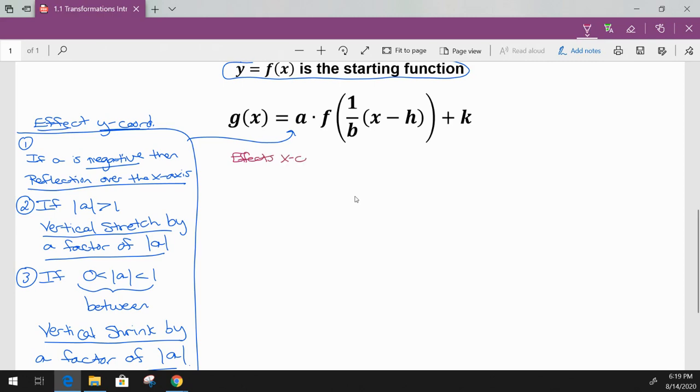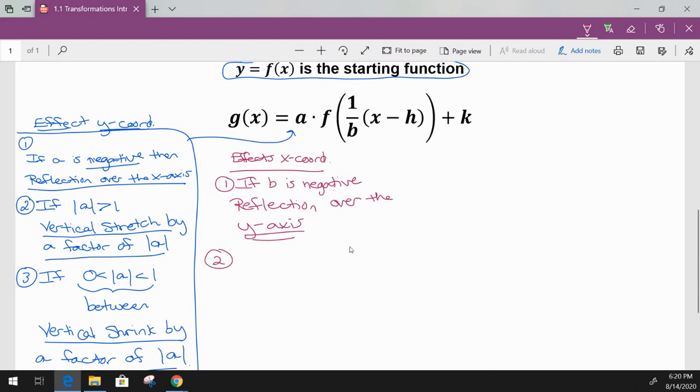Remember, inside affects the x coordinates, outside affects the y coordinates. So one thing that B can do, if the value of B is negative, is a reflection over the y-axis. So yes, it affects the x coordinates, but it's a reflection over the y-axis.